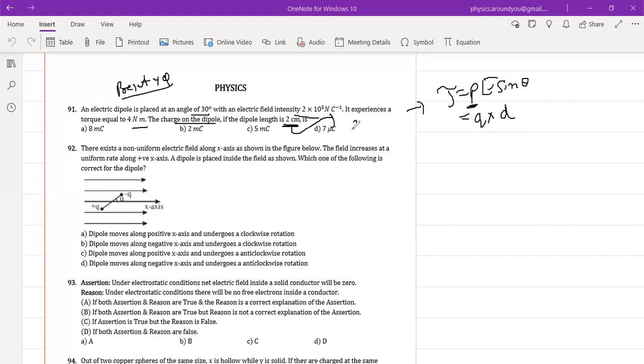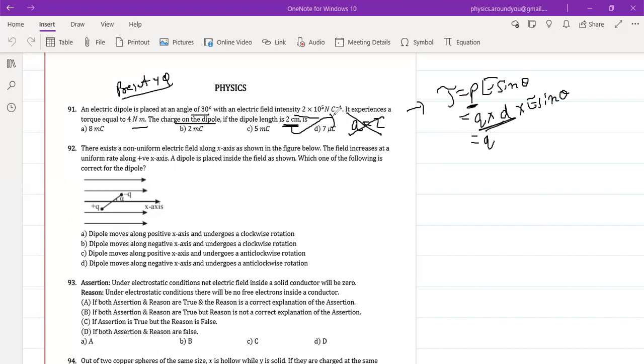Please do not mistake A as 2 centimeters. A is just a convention, whereas the actual formula for dipole moment is charge into distance between the charges. The distance itself is given as 2. So the dipole moment is given by simply QD, right?